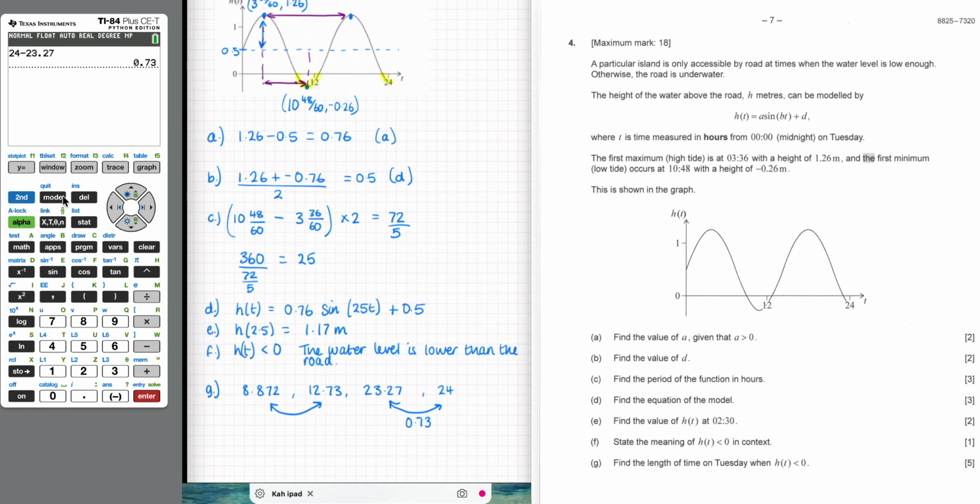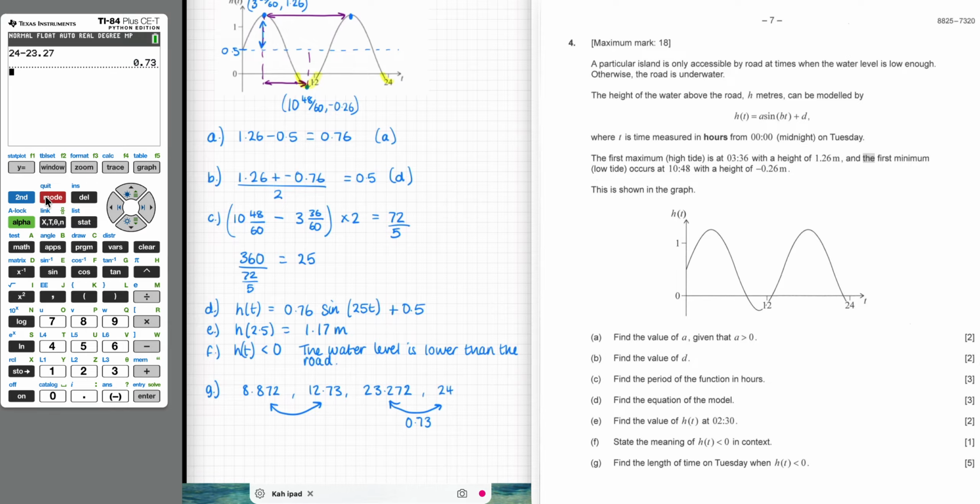And let's just go back to my graph, because this is not to 3 significant figures, so it's 0.728. There we go.